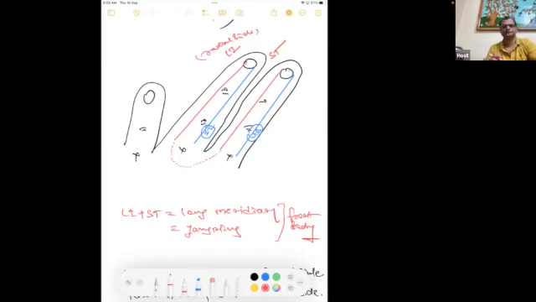Right? So this is the radial side. And the small intestine meridian on the other side.